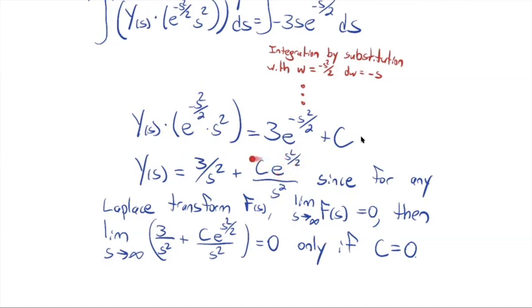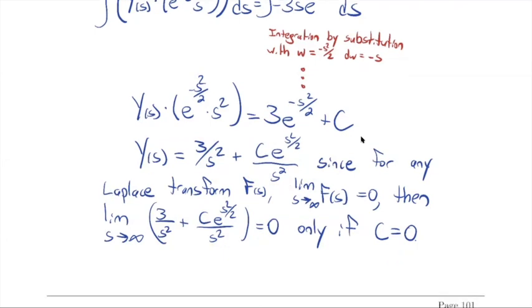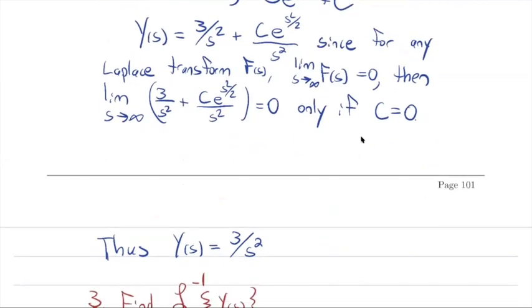So the only way this limit heads to 0 is if this c term is equal to 0. For this Laplace transform to be defined, c has to be 0. So this term goes away, and the only thing left over is 3 over s squared, and then we can do the inverse of that.